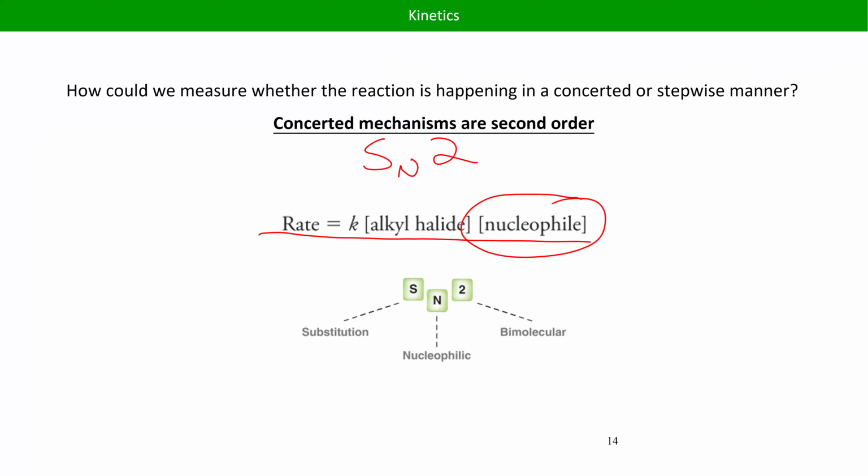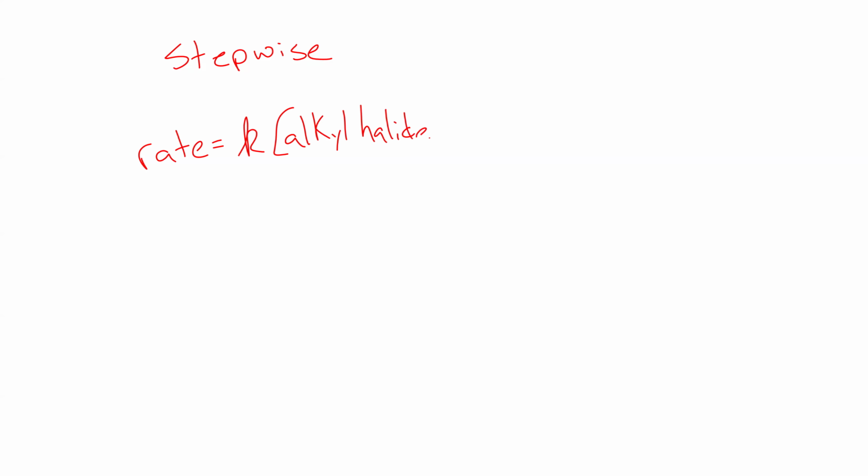All right, so our two options are, if it's stepwise, then your rate is just going to be equal to k times the concentration of alkyl halide, because your slow step is your halogen leaving. And then your nucleophile comes in and that second step is really fast.